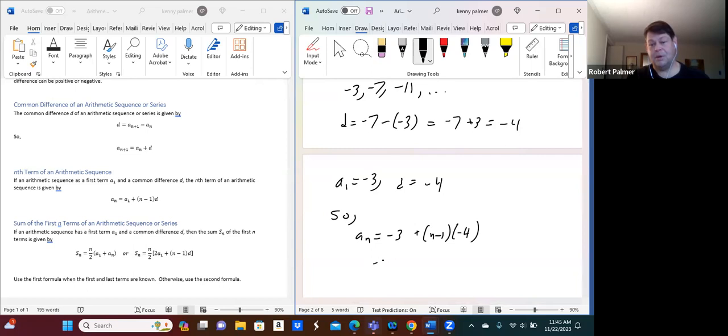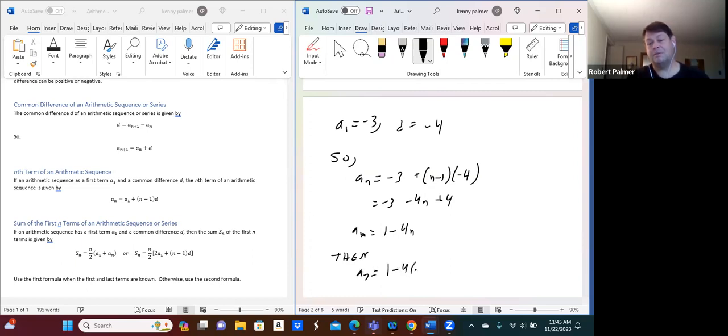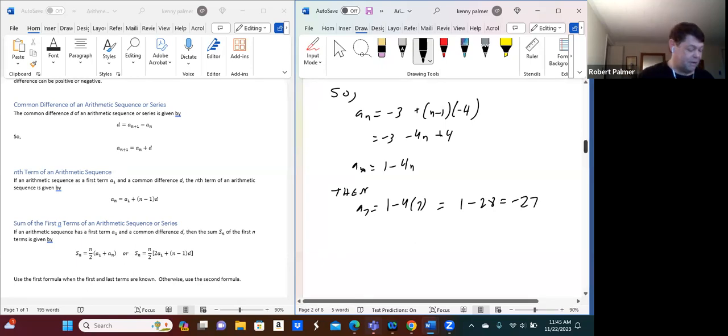Then distribute the -4, so -3 minus 4n plus 4. If we combine our like terms, 1 minus 4n, that's a_n. Since that's a_n, a_7 is going to be 1 minus 4 times 7, which is 28, and that's going to be -27. This way we can find these terms as we need to.